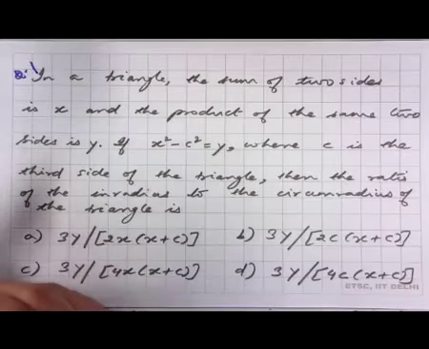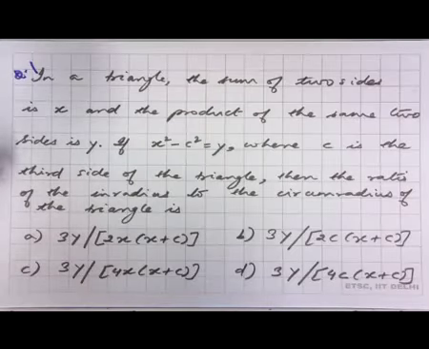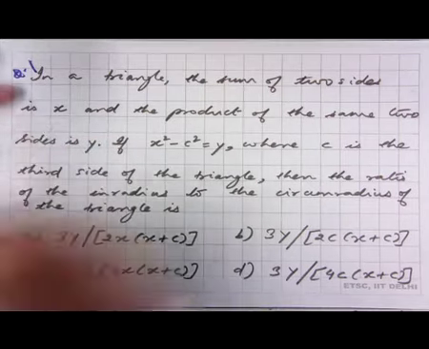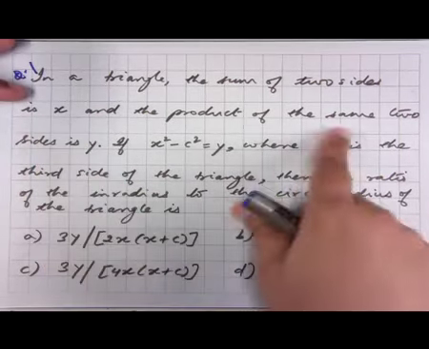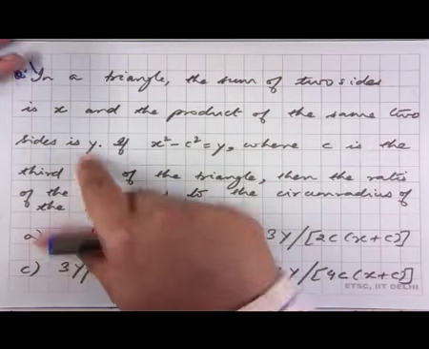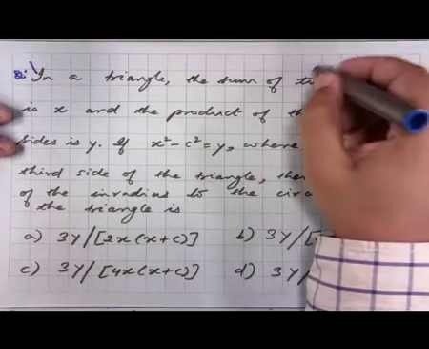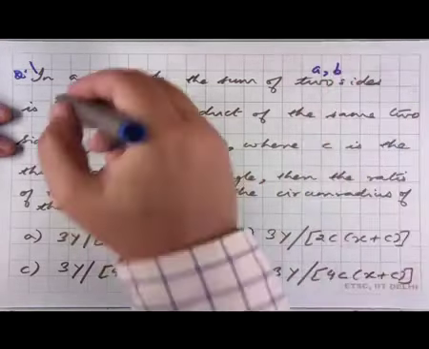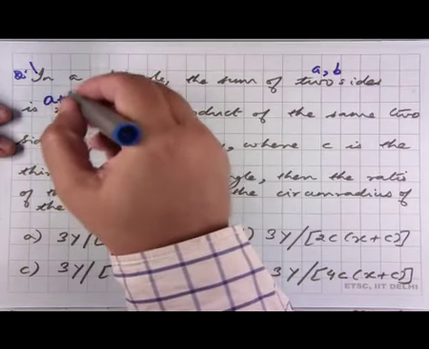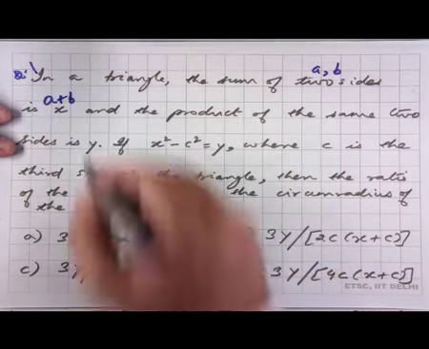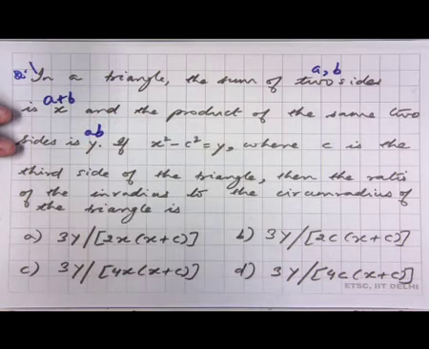So this is the first problem. It is said that in a triangle the sum of two sides is x and the product of the same two sides is y. Let us say that these two sides are of length a and b, then we have x equal to a plus b and y as the product ab.